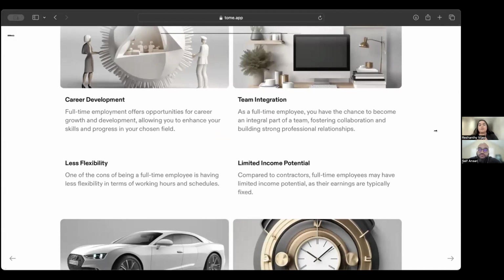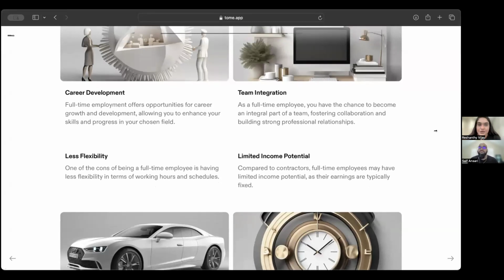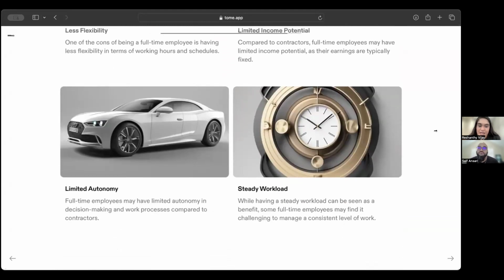Of course, in full-time employment, there's less flexibility. I wasn't like Seth, where he was able to take a nap midday or go for a jog. But at the same time, I was able to learn more. It is limited in income because when you're full-time and you're working overtime on projects, organizations don't pay you those extra overtimes, right?